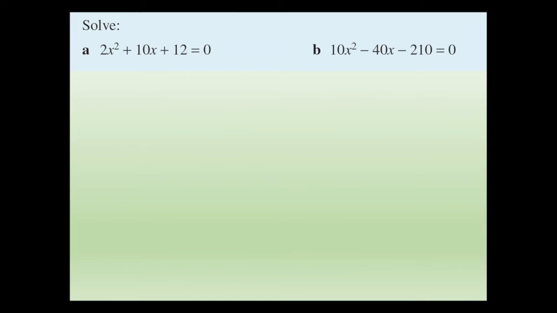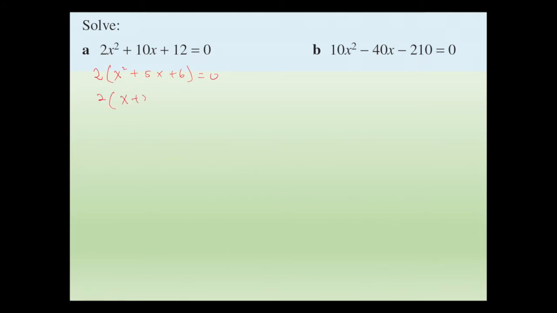So let's first look at the first one: 2x squared plus 10x plus 12. Do we solve it as a non-monic? Or, in fact, we can look at it this way. If I take out the highest common factor, I therefore have a monic quadratic equation.